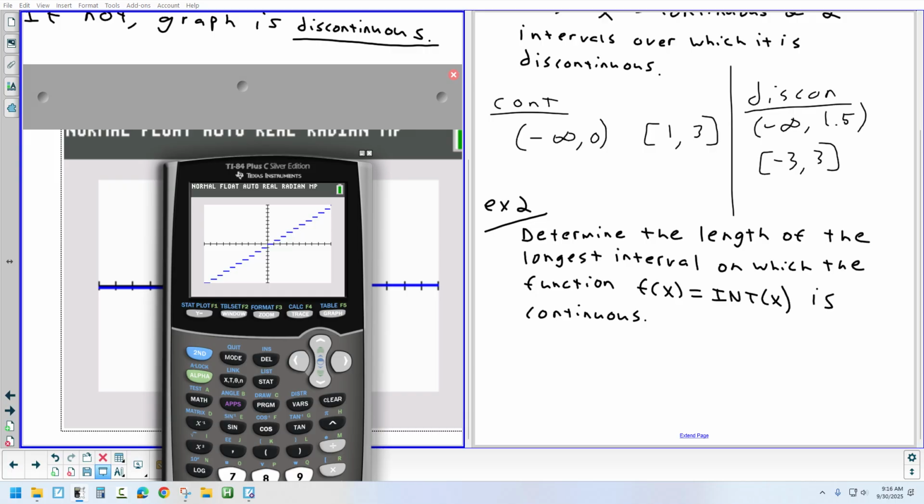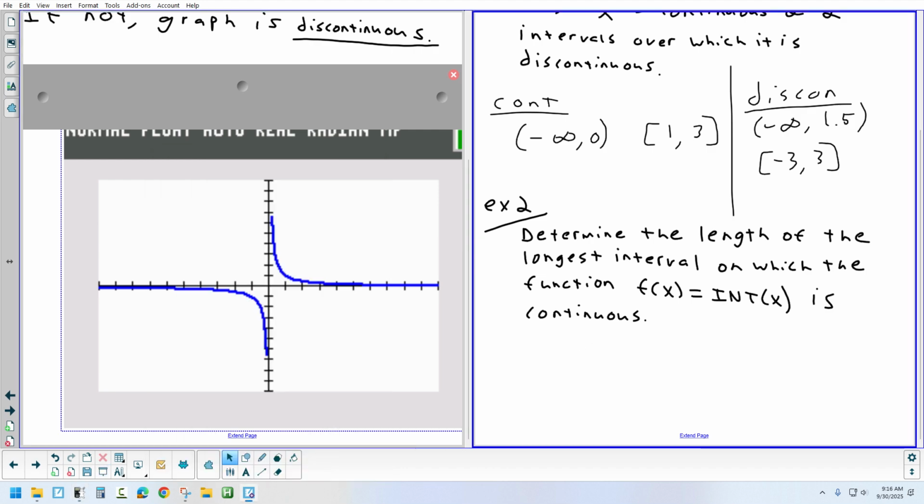Yeah, it's just 1 unit, right? That's the longest interval that you could ever find in this graph that is continuous. There's no interval longer than that that is continuous in this particular graph. They're not asking you to write an interval, they're just asking you to find the length of the longest interval, and it's 1 unit.